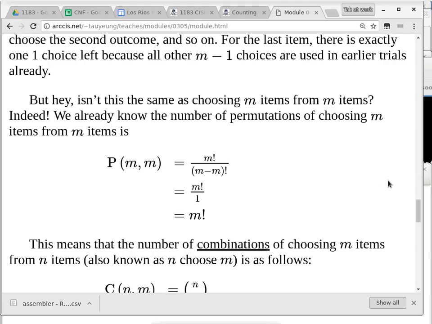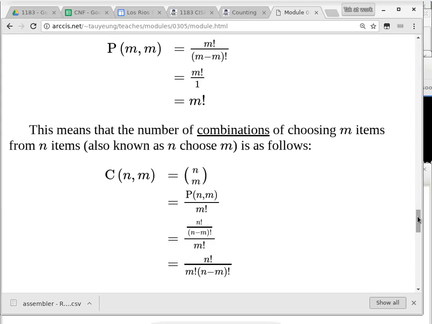So the number of combinations, on the other hand, is represented as either a C with n and m like this, or you could use this more convenient notation. Either one can be pronounced as n choose m. You have n things to begin with, and you're trying to choose m of those, and ordering is not important.